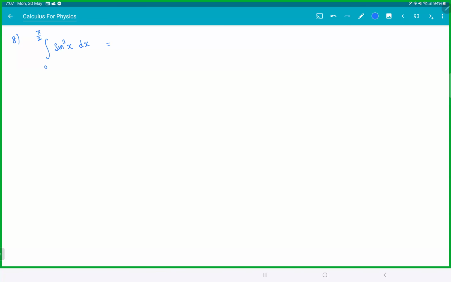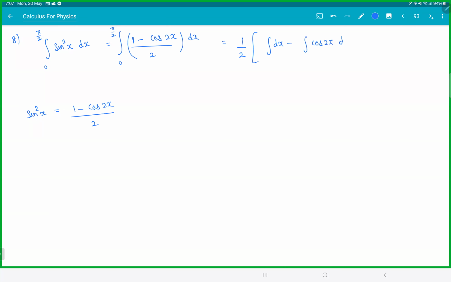So sin square x integration, right? The problem is there is no direct way to integrate this. So sin square x can be written as (1 minus cos 2x)/2. You should know this result. So the half comes out: integral dx minus integral cos 2x dx, both from 0 to pi/2.